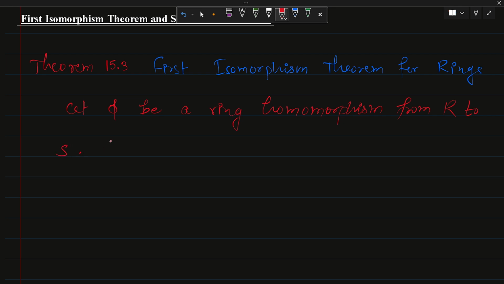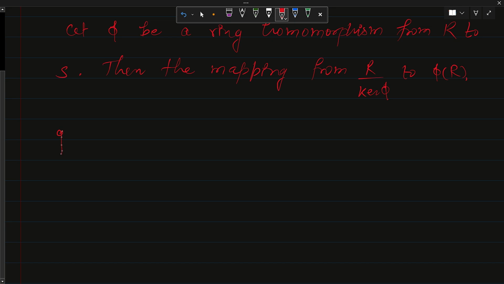Okay, then the mapping from R by kernel of phi to phi of R, that is the range of phi, given by R plus kernel of phi goes to phi of R. This is the definition of the function from R upon kernel of phi to phi R is an isomorphism.